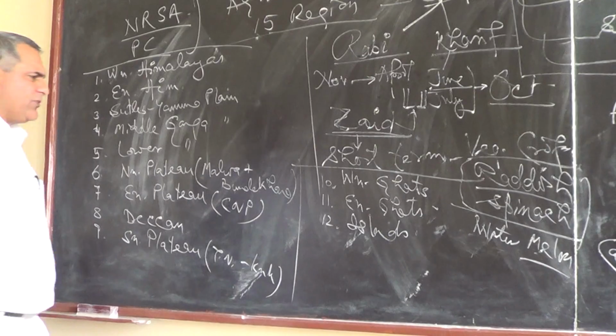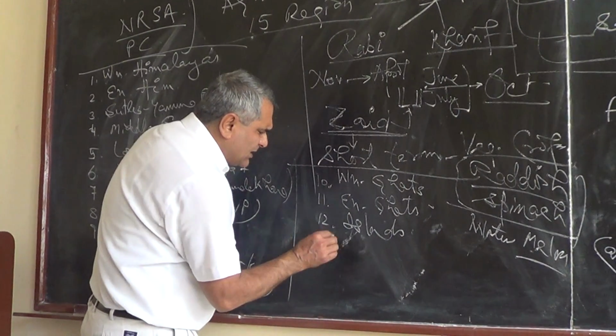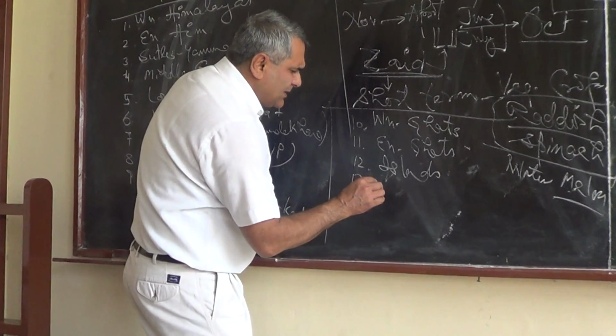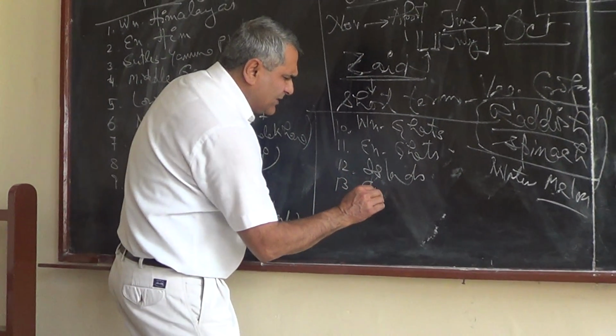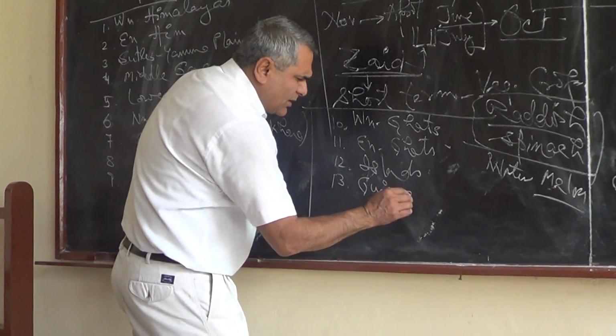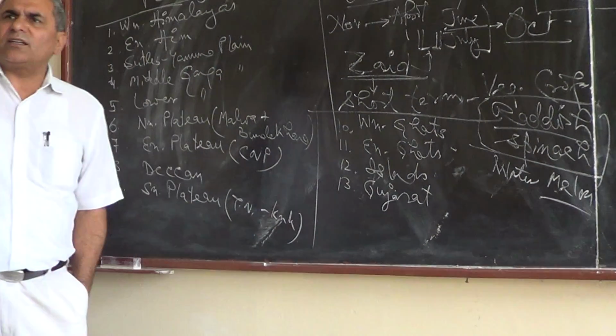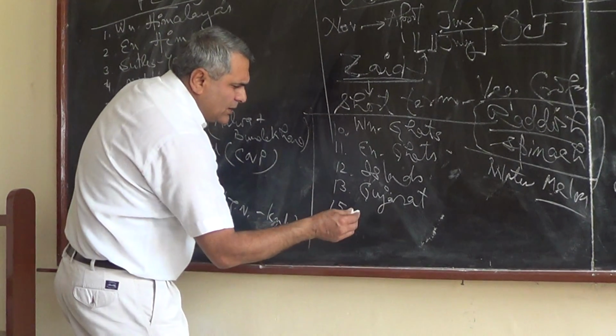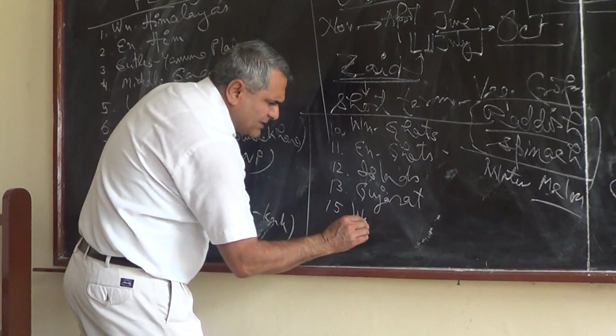They have an altogether different agricultural system. 13 is the Gujarat region: Saurashtra, Kathiawad and Kutch region. 15 is Rajasthan, Western Rajasthan.